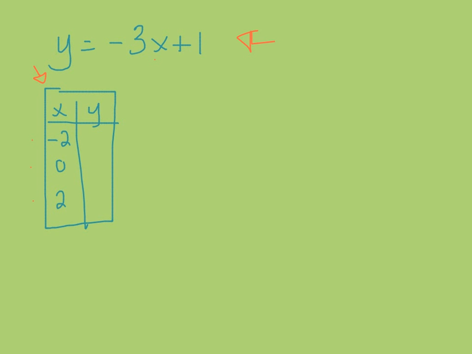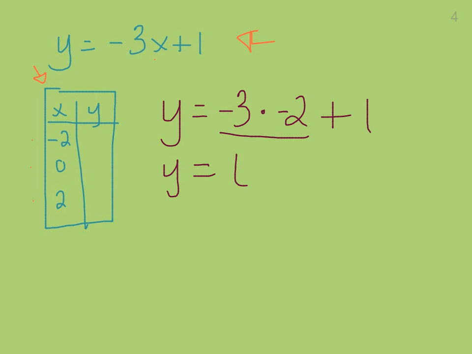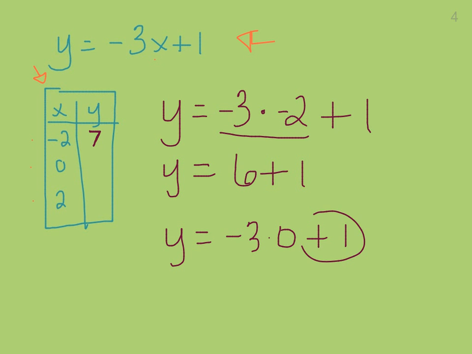So how this works is I'm going to go y equals -3x plus 1. I'm going to try it with the -2 instead of the x now. Then I just finish solving that. -3 times -2 is positive 6, and 6 plus 1 is 7, so I put a 7 there. Next I would try a 0, and you guys discovered today that when you put a 0 in for x, it's always just whatever number is out here, because negative 3 times 0 is just 0.